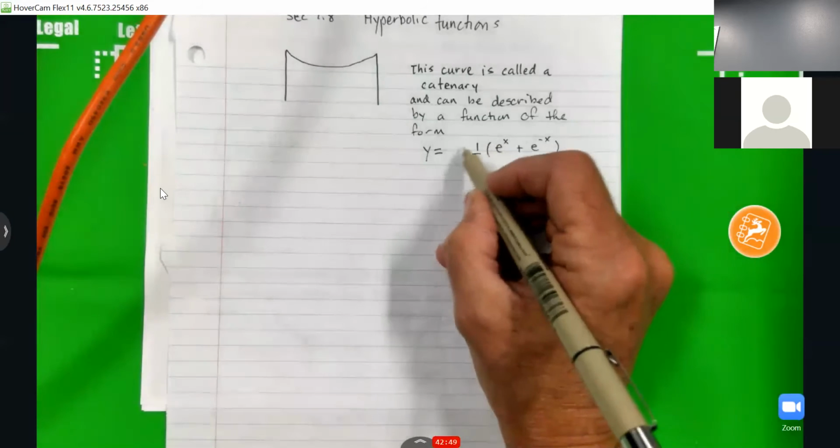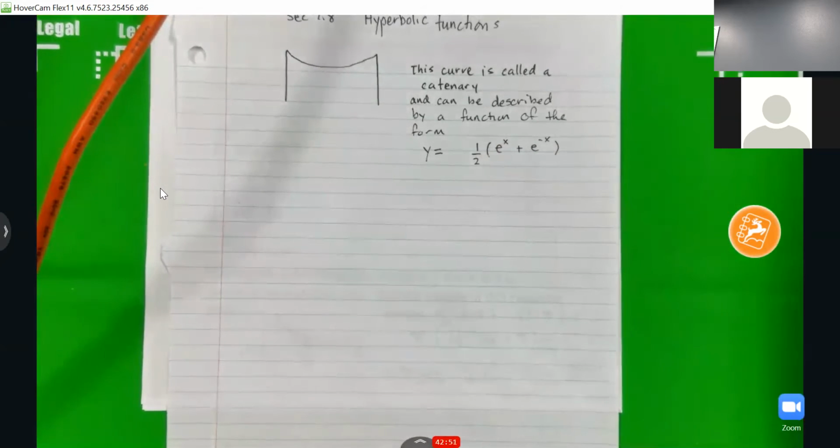You could have some scaling factor here, some scaling factor up in the exponents, but some version of that. That particular expression, 1/2 of e to the x plus e to the negative x, that linear combination of exponential functions, is called a hyperbolic cosine, right? That's kind of like a hyperbola.